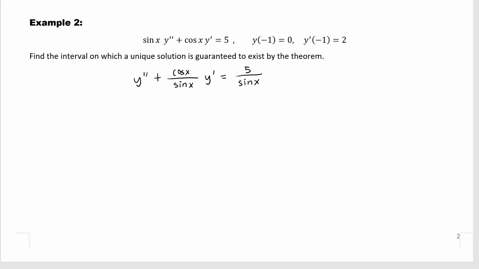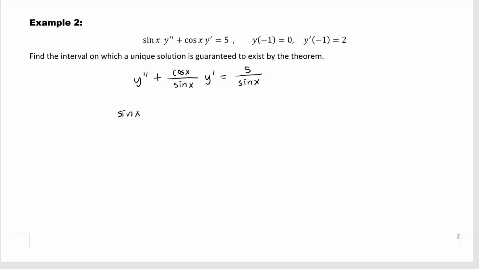Because if you just look at the coefficients and say sine and cosine are continuous everywhere, then you would say a unique solution exists everywhere. But that's wrong. You don't have the standard form. So the first step is you make it into the standard form. Now my coefficients are cosine x over sine x and 5 over sine x. What do we need?